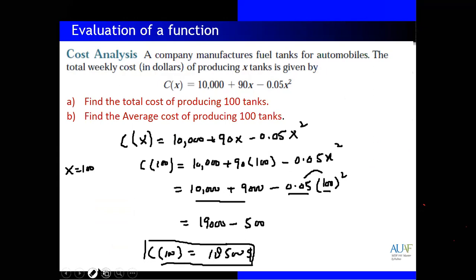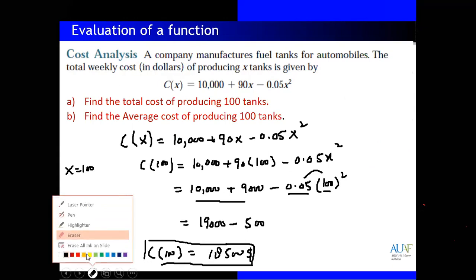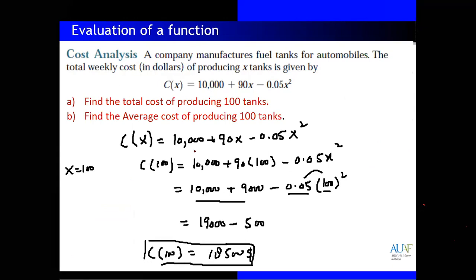So how we can find average cost? We have a formula: average cost is equal to cost function divided by x value or n value.